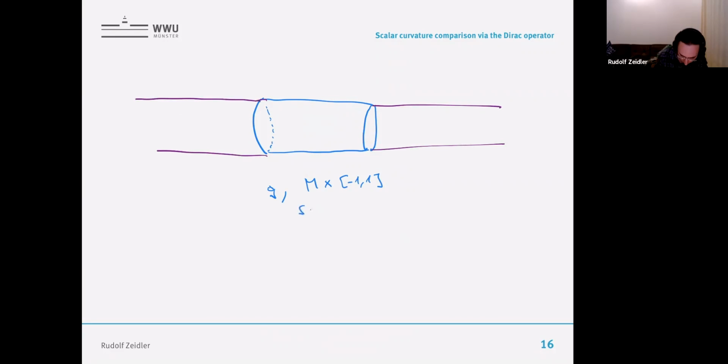Suppose here we have scalar curvature bounded below by n times n minus 1. Then I can extend g to a complete metric g bar.